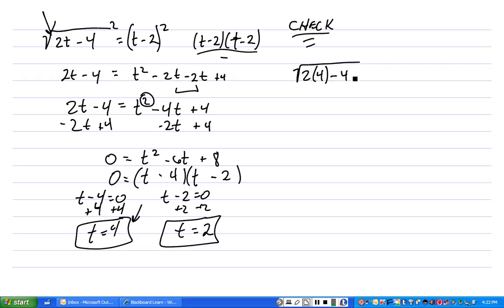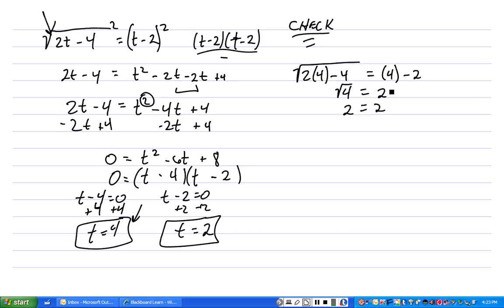So 2 times 4 is 8, 8 minus 4 is 4, square root of 4, which equals 4 minus 2, which is 2. Square root of 4 is 2, 2 equals 2.